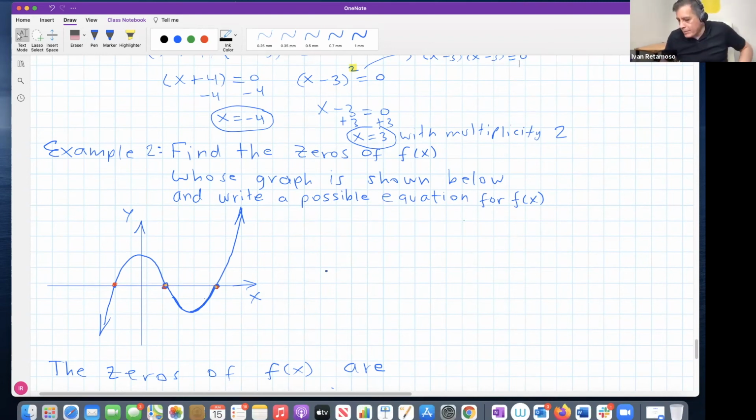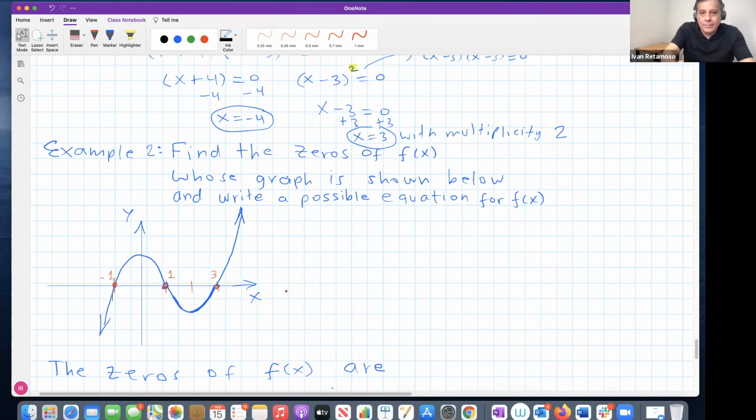Let me give you the units here. This has to be 1 unit, okay? This is 1 unit here, and this one 1, 2, 3. When you do this on your homework, you will see the graph clearly.